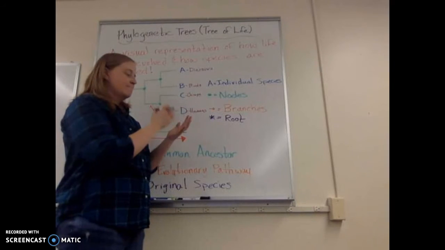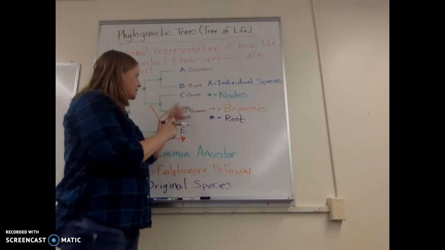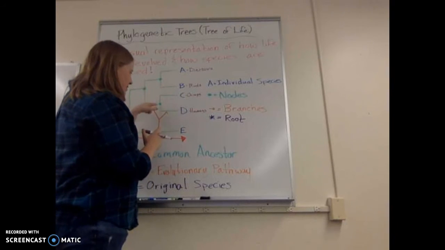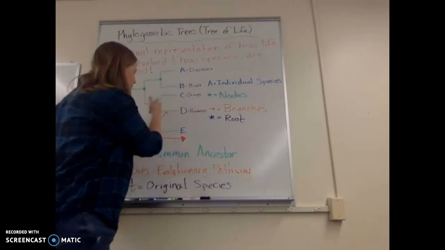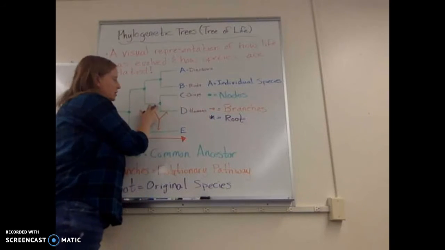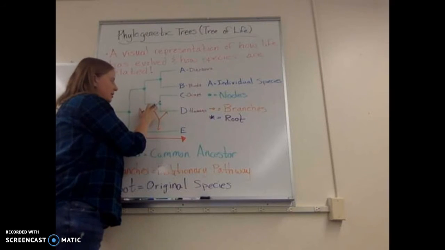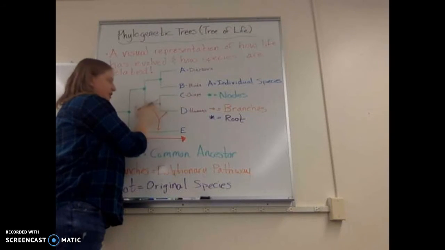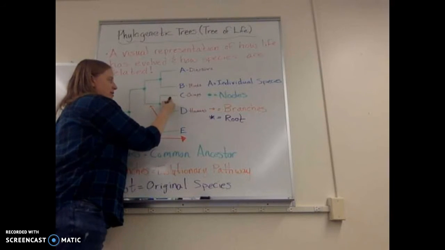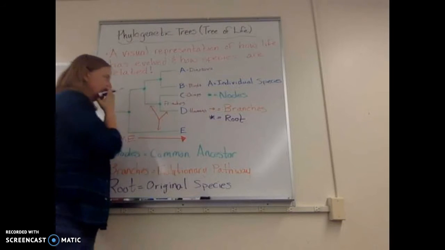However, primates, humans, gorillas, orangutans, chimpanzees, monkeys, all those things, we shared a common ancestor. So if you go back far enough in time, hundreds of thousands of years, at some point some common ancestor species got separated and evolved differently and created all these primates, right? So primates all have a shared common ancestor.